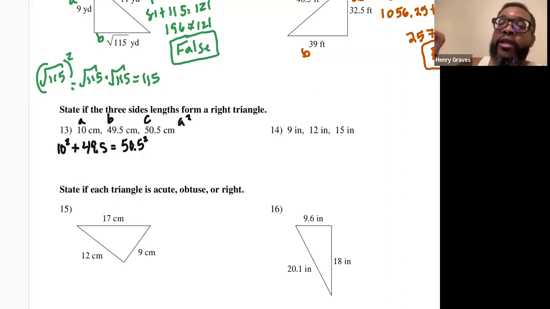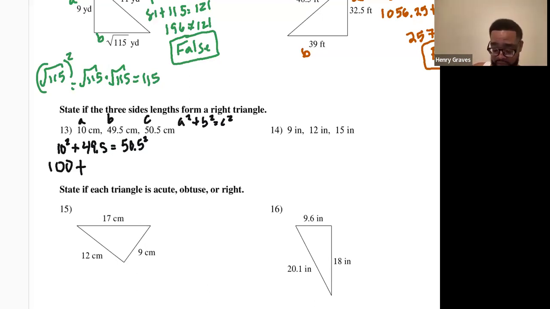So I know 10 squared is 100. That's the easy part, because 10 times 10 is 100. I need to do what is 49.5 squared. Oh, come on. Calculator just turned off now? It's annoying. It's 2,450.25.